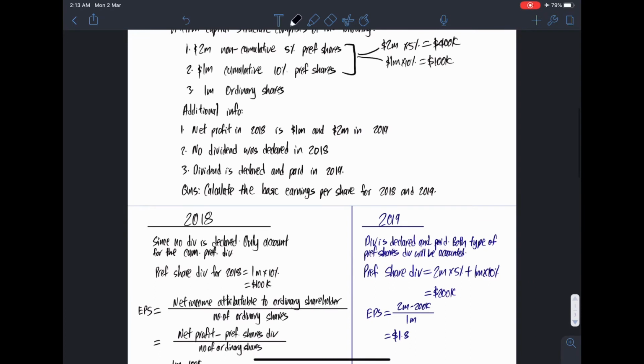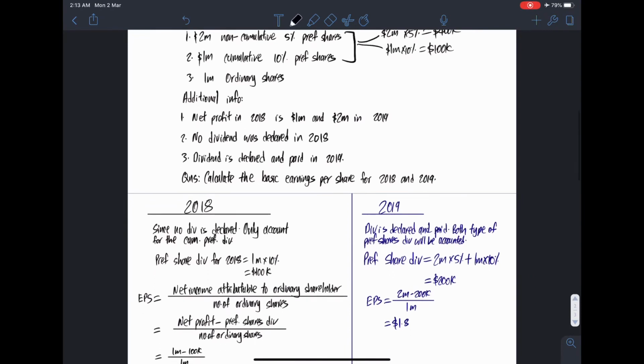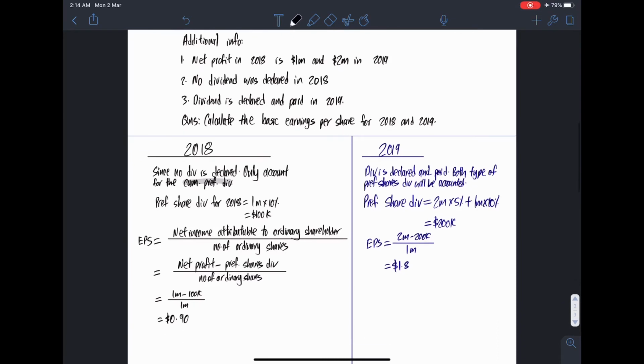Since no dividends were declared in 2018, we only account for the cumulative preference shares. Remember, we said that cumulative preference dividends would be included in the calculation of EPS whether or not they are declared or paid. As calculated above, the preference share dividends for 2018 would be 100k.